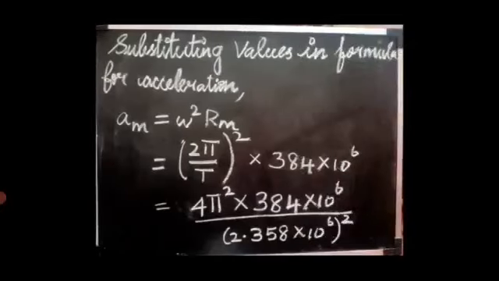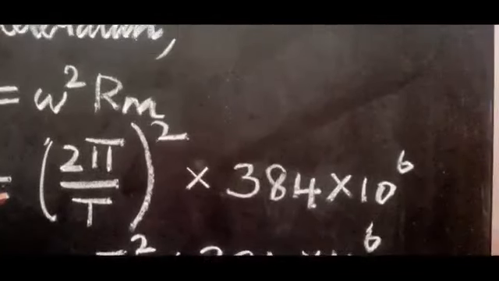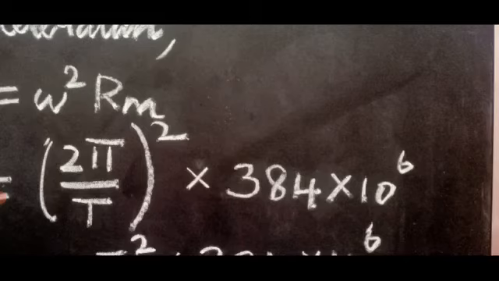Next, substituting these values in the acceleration formula, Am equal to omega square Rm, where omega is 2 pi by T the whole square, and Rm is 384 into 10 to the power of 6.